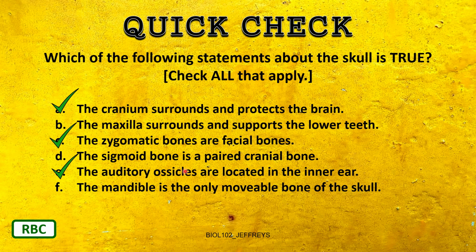We didn't talk about those, but those are the three little bones in the ear that help you hear sounds. Incus, malleus, and stapes, smallest bones in the whole body. Anyway, yes, located in the ear. And the mandible is the only movable bone of the skull, which is true, not including the auditory ossicles.